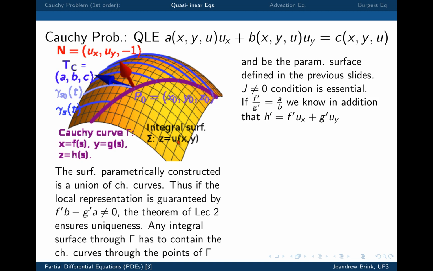So it is always true that du/ds, we're first going to do it generally and then evaluate it on the characteristic curve, is equal to du/dx times dx/ds. On the characteristic curve, you have the u of x, and dx/ds, we worked out in the previous slide, is just f prime, plus du/dy times dy/ds, which is just g prime. So this condition simply follows from taking the derivative of u in the direction of this characteristic curve.